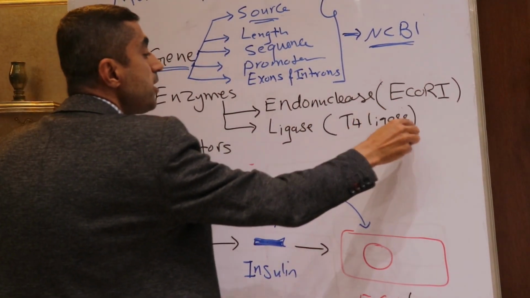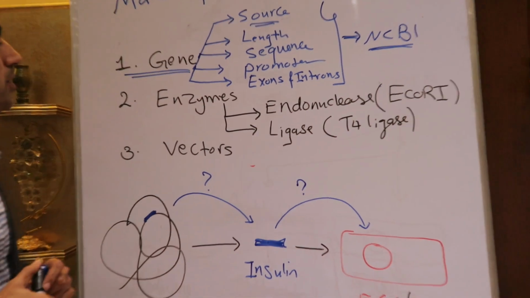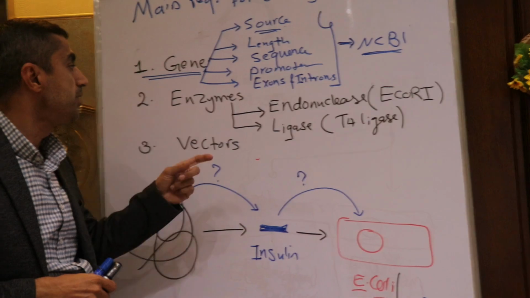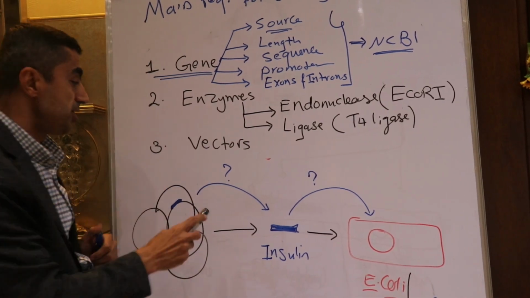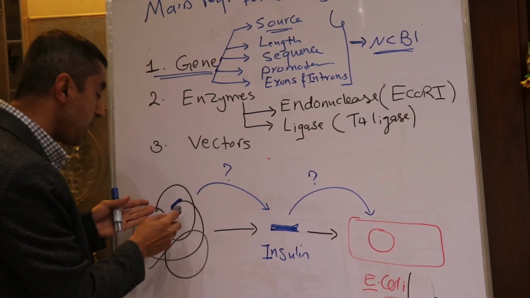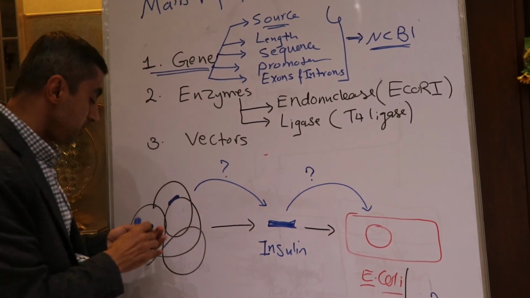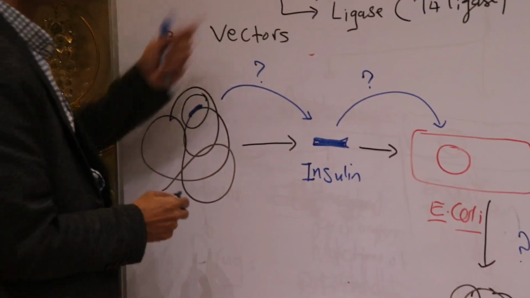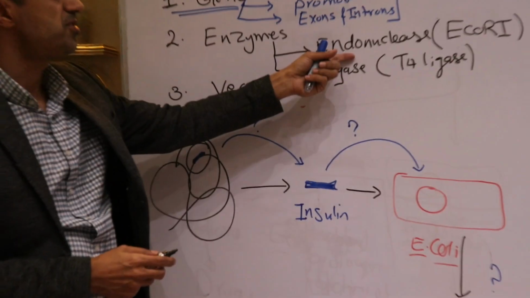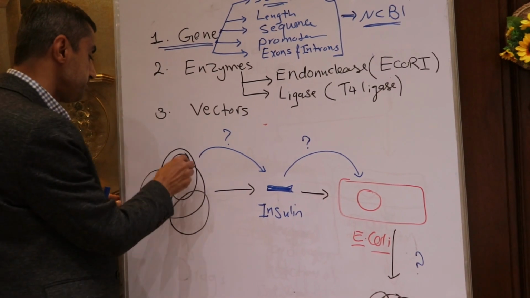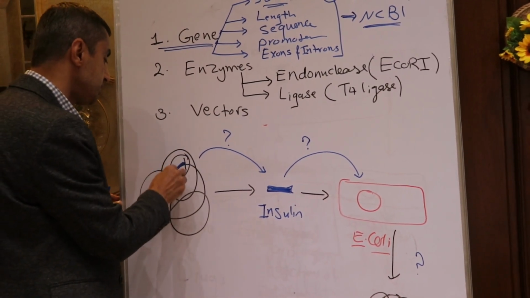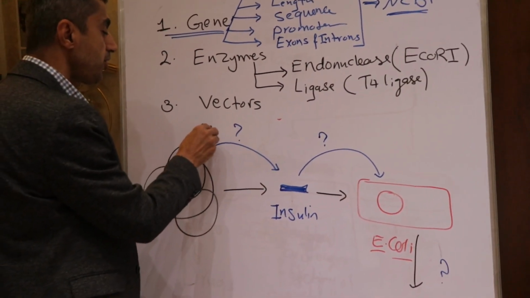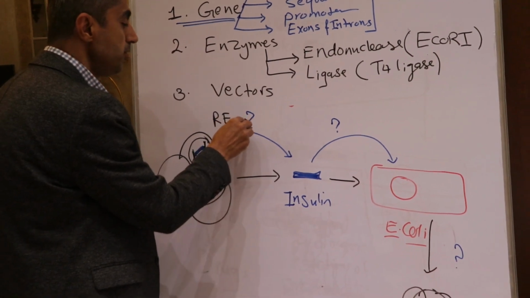So what are the main functions of the two types of enzymes which are required for cloning or recombinant DNA? As we asked, how can we cut this targeted or insulin gene? Firstly, we have to use restriction endonuclease enzyme in order to cut this one. So restriction endonuclease enzyme can solve this issue.